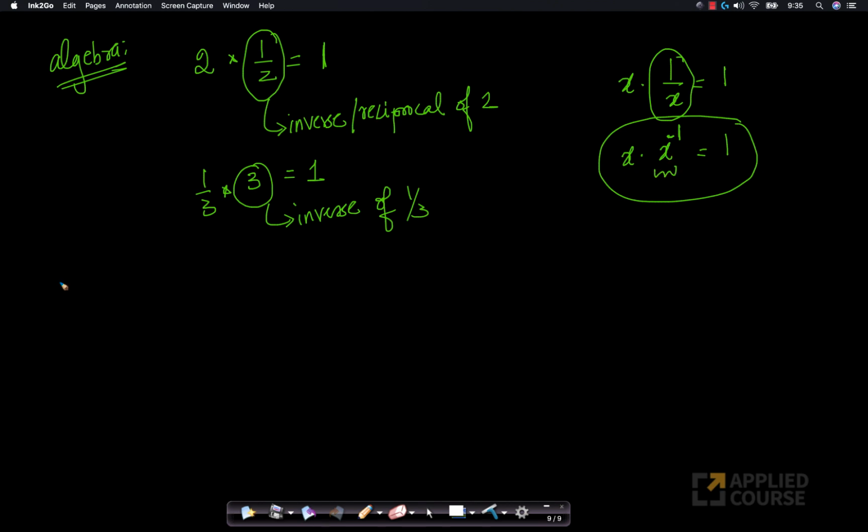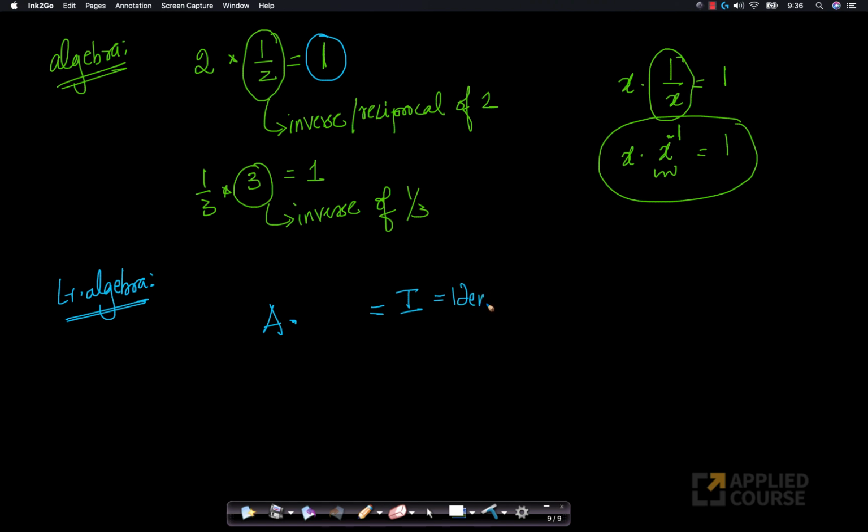Similarly in linear algebra. Now let's go to linear algebra. If you have a square matrix A and you multiply it with another matrix such that you get the identity matrix, because 1 in algebra is very similar in idea to I in linear algebra, and I is nothing but your identity matrix.